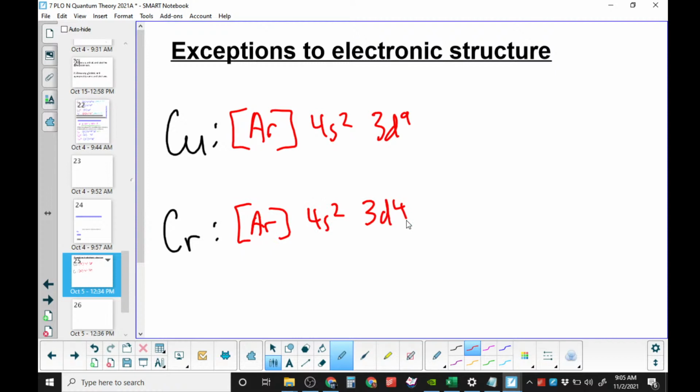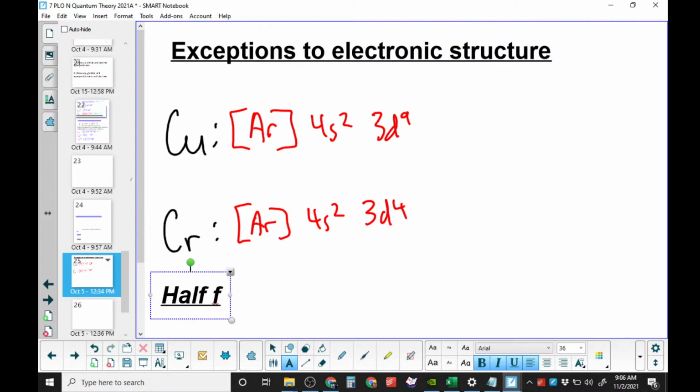Now, they found that when they did spectrographic analysis, this is not their electronic structure. Turns out, I'm going to write this down below. Half full.